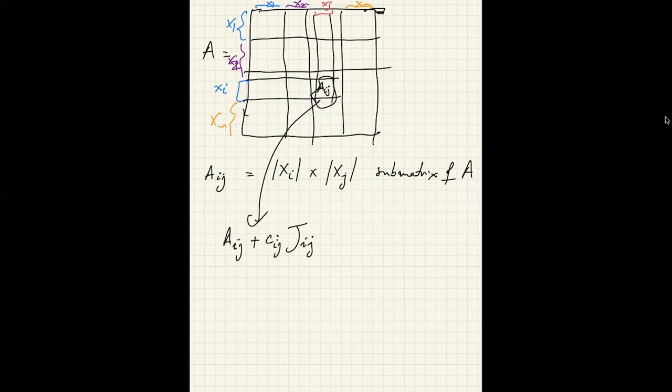So we can put Cij Jij. So that's what is meant here. Okay, so let's do an example and see how this works out, and we can go from there.